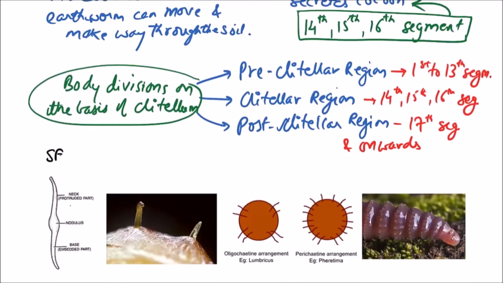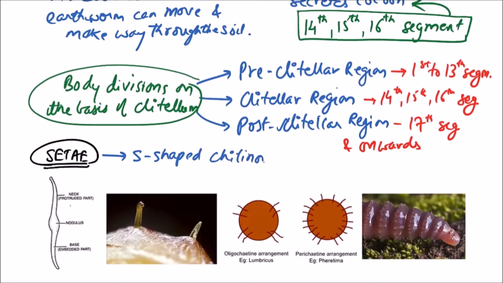Next is setae. Setae are S-shaped structures made up of chitin.